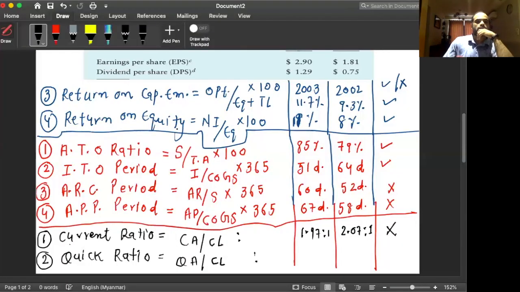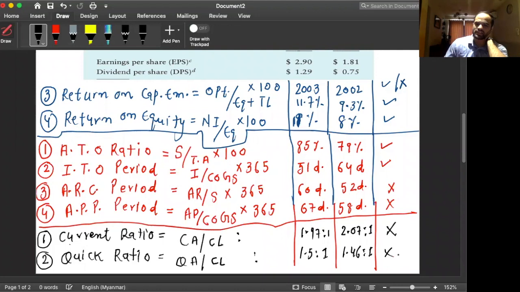So 2003 is 1.5 to 1, and 1.46 to 1, right? So yes, it's getting further.